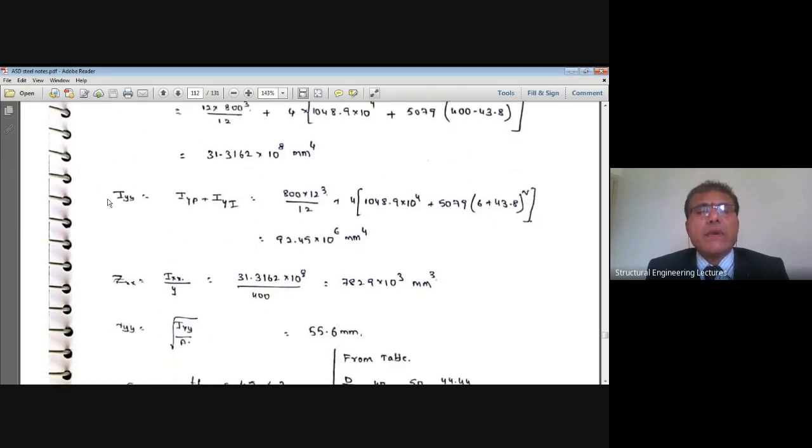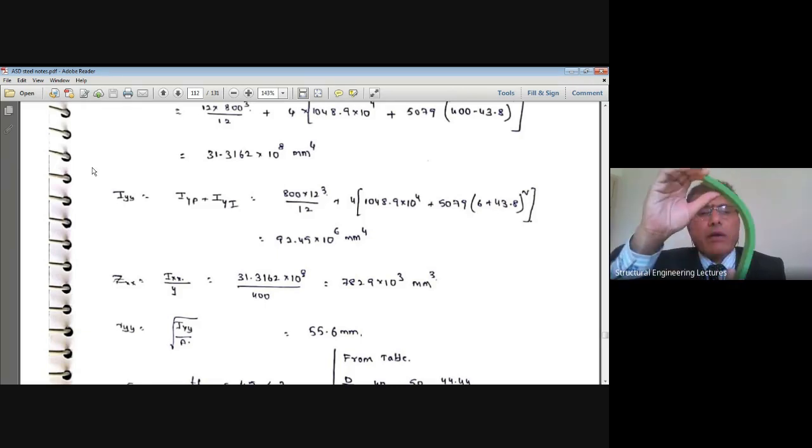Once I calculate that, now I'll calculate the moment of inertia about the minor axis, or vertical axis, of bending, right? This is the moment of inertia about the vertical axis of bending for the plate. This plate is having a width of 800 mm, whereas about this y-axis, the thickness is only 12. bd cubed by 12. Please see this, right? bd cubed by 12.